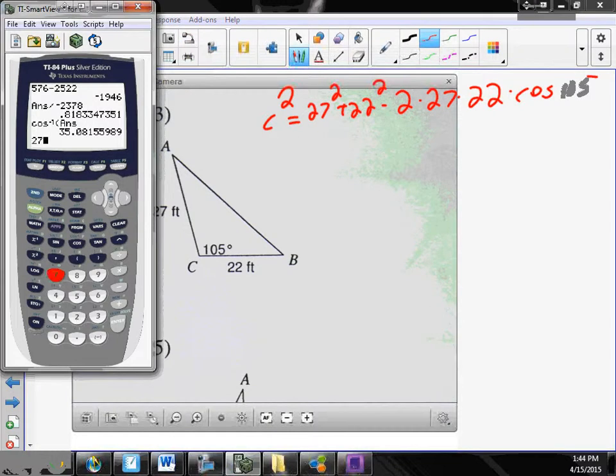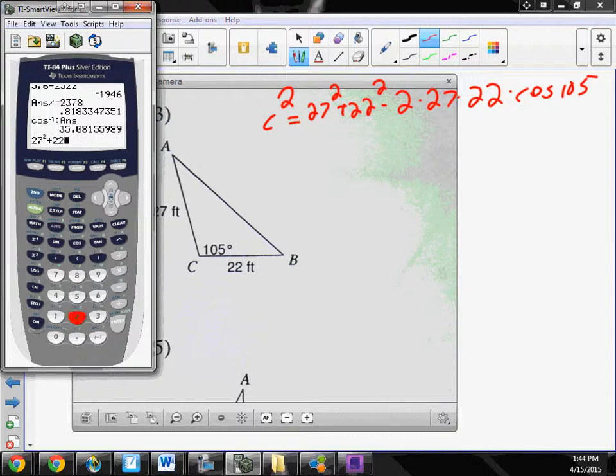So 27 squared plus 22 squared minus 2 times 27 times 22 times the cosine of 105. What does that tell me? C squared. So I'm going to raise that to the 0.5. 39. Right? So this is 39.